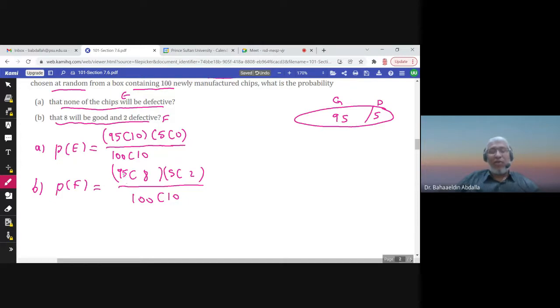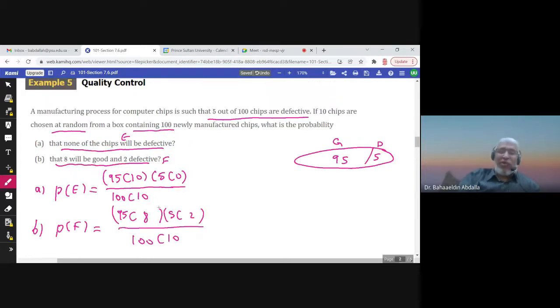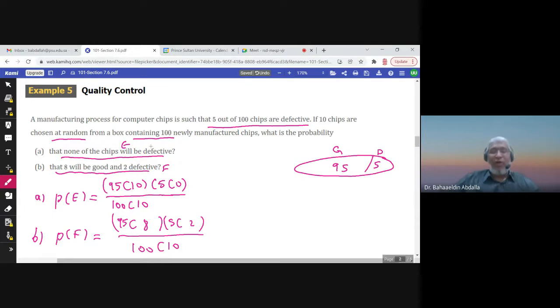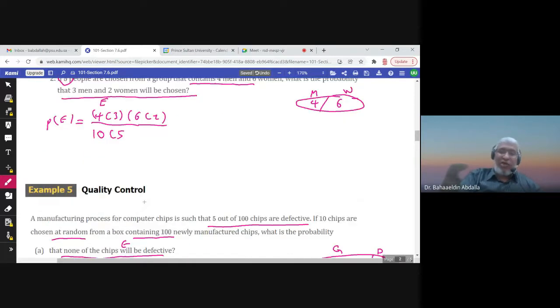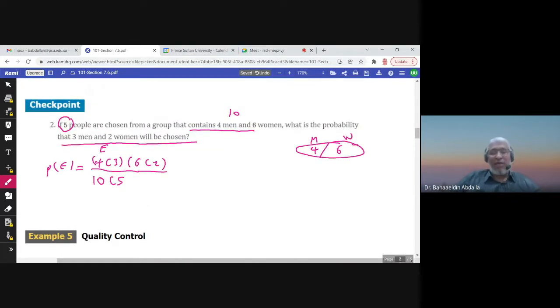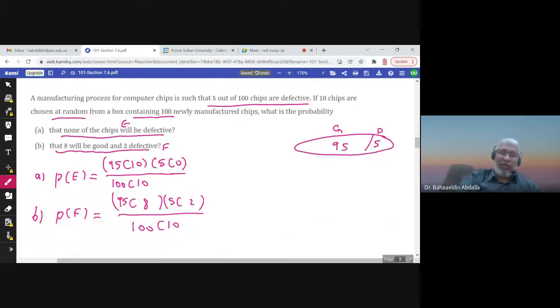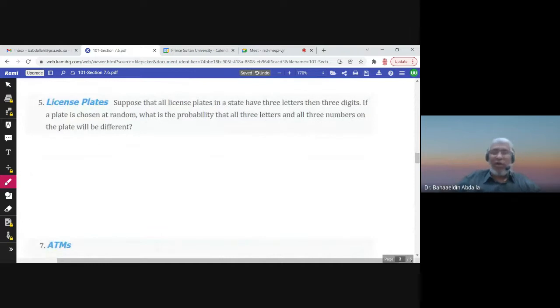Notice that always 95 plus 5 is 100, 8 plus 2 is 10. So whenever you use this probability, this is a distribution called the hypergeometric distribution, by the way. Always when you add this number to this number, 95, you get this number here, and 10 plus 0, you get 10 here. So make sure that's always the case, so as not to make mistakes. 4 plus 6 is 10, 3 plus 2 is 5. It's always like this with the hypergeometric distribution.